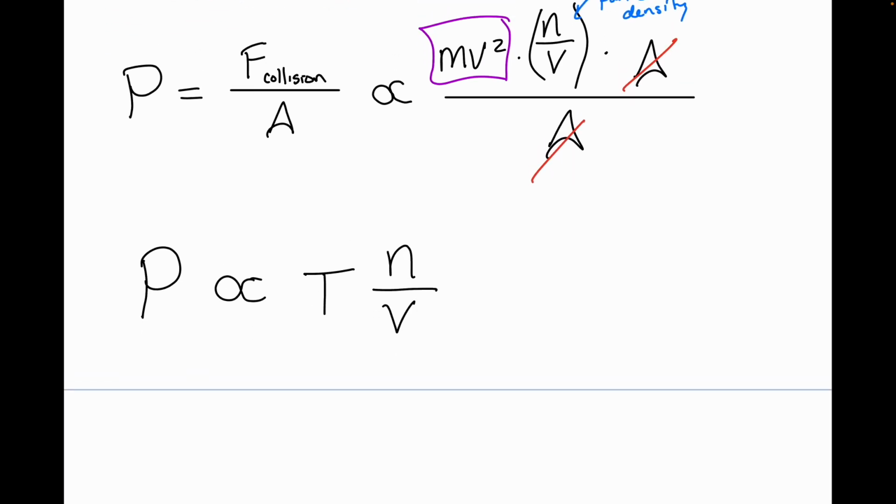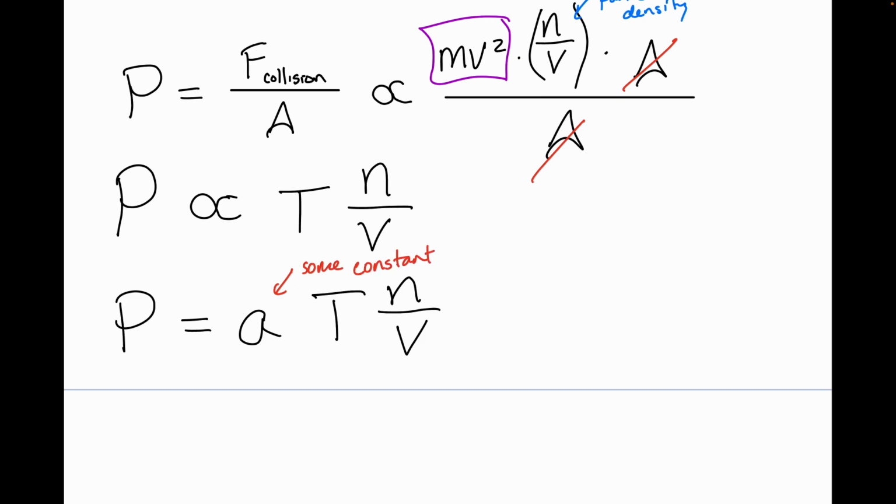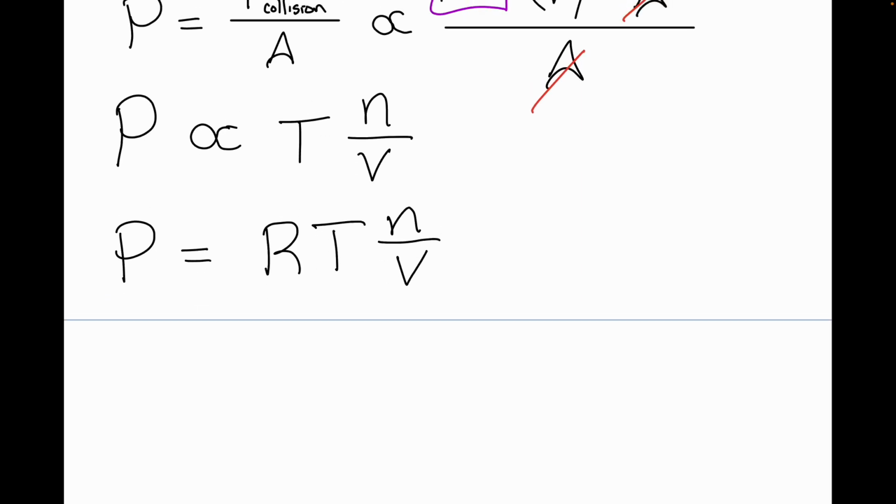And remember, what it means to be proportional is that the pressure is equal to some constant times temperature times number of moles divided by V. And what do we call this constant in our ideal gas law? What do we use variable-wise? Yeah, the R, right? So what is that R? That's our proportionality constant that we need here. So when we have our ideal gas constant, all you can see is that if you rearrange this, this is just our PV equals nRT.